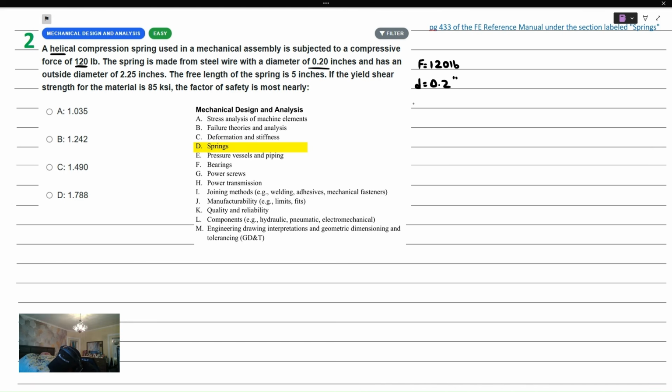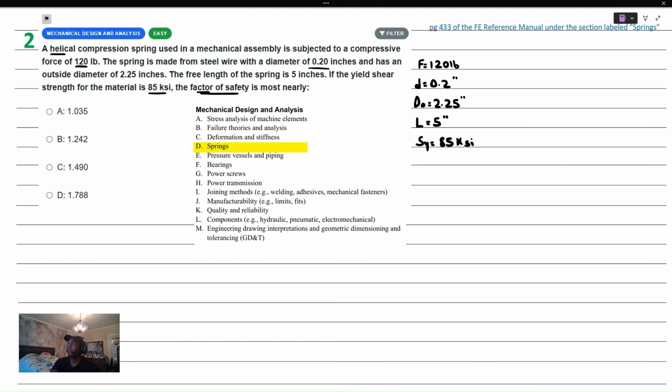So we'll call that uppercase D outside equal to 2.25 inches. The free length of the spring, let's just call that L, is equal to 5 inches. And if the yield shear strength for the material is 85 ksi, we're looking for the factor of safety against failure.